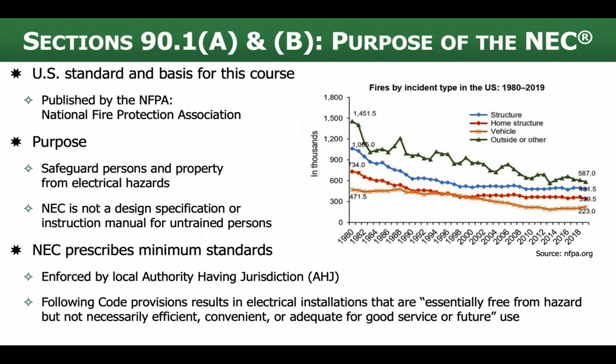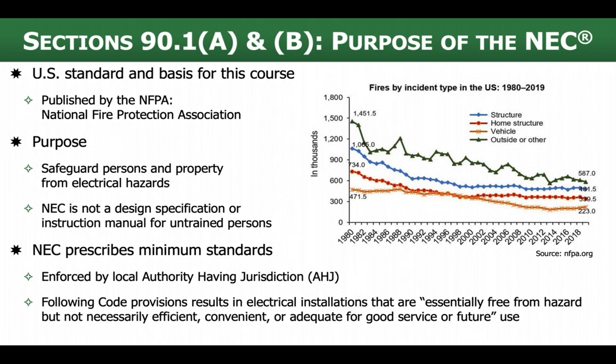It's important to realize that, and this is a quote right out of the code: if you follow these provisions, you're going to have an electrical installation that is essentially free from hazard, but not necessarily efficient, convenient, or adequate for good service or future use. Okay, hang on. What are you telling me here? Well, that kind of wraps back into what I was saying. The purpose here: safeguard persons and property from electrical hazards.